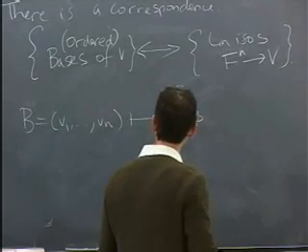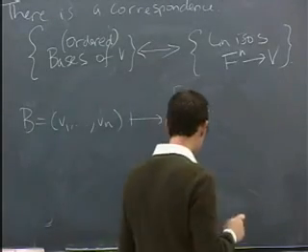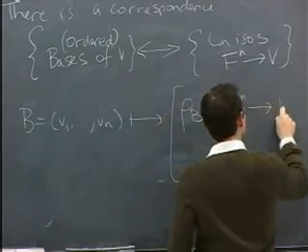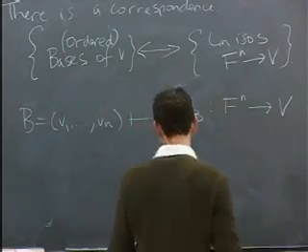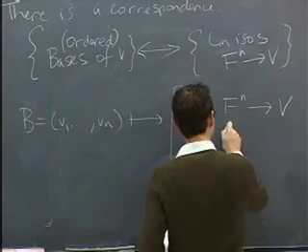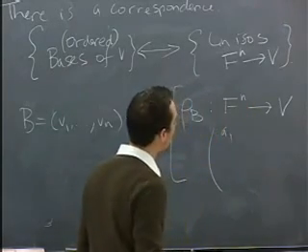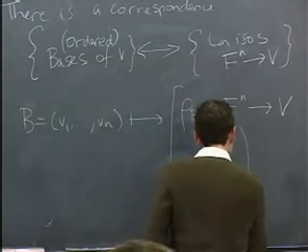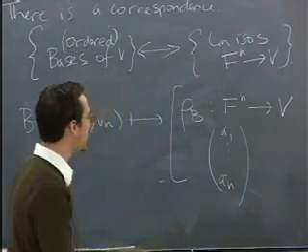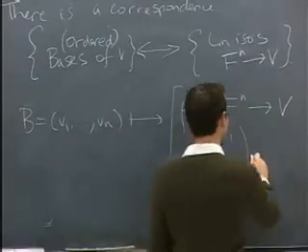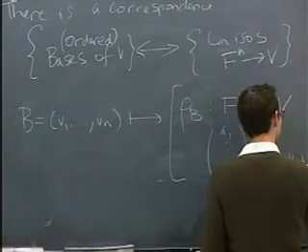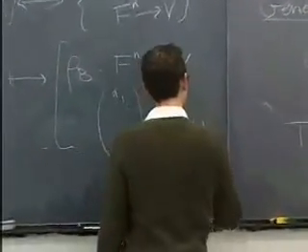We're going to define something I'm going to call rho B associated to this basis B. We're going to be going from Fn to V. And what will it do? Well, it'll take the column vector. I'll write, for the most part, elements of Fn as column vectors. You take the column vector a1 through an, and you map it to the sum a1 v1 plus through an vn.